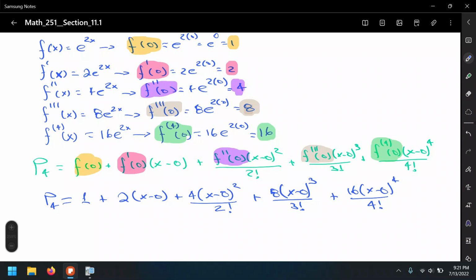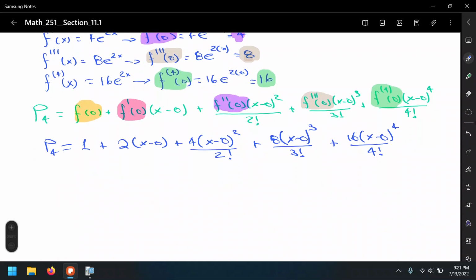Okay, so let's simplify this polynomial. So P4 will be, in this case, 1 plus, okay, I'm no longer writing these minus zeros, so I'm just going to write 2x plus 4 over 2, that's going to give us 2x squared.